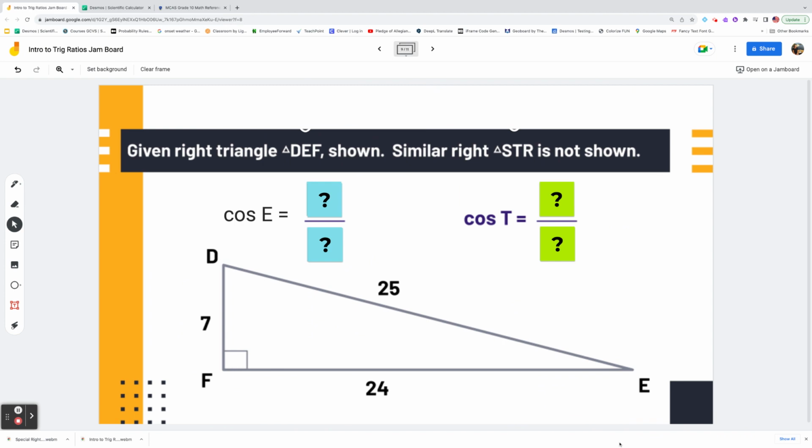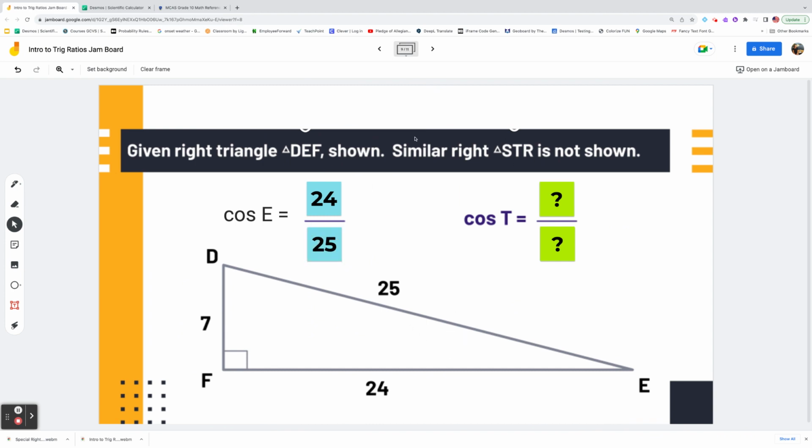Alrighty, we are looking at the next example. This time we have a right triangle DEF, which is shown. We have been told that there's a similar right triangle STR, which is not shown. We want to figure out the cosine of angle E. We can figure that out from the diagram: cosine is adjacent over hypotenuse. Here's angle E. Adjacent is 24. Hypotenuse is 25.